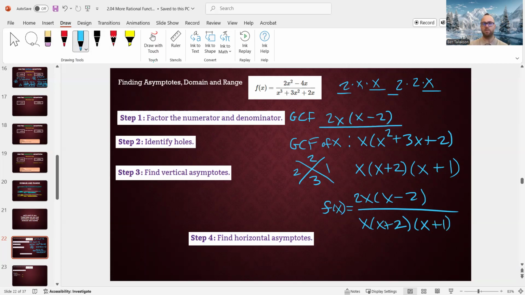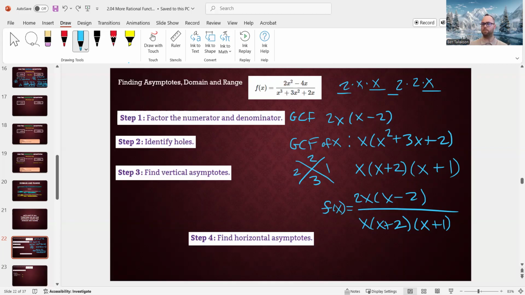So what I did is I took my factored numerator and my factored denominator and I put it all together. Okay, now we can, just like before, cancel out common factors if they exist. I see a 2x and an x that could cancel out, but do we really need to do that yet?